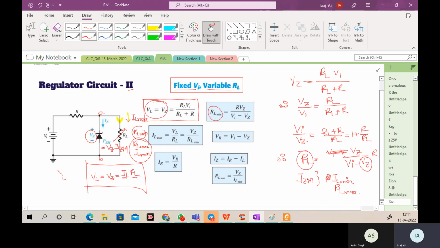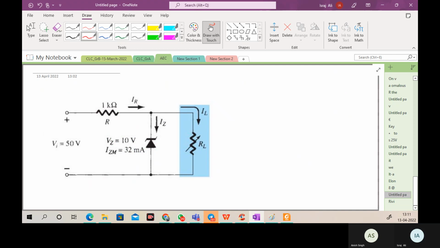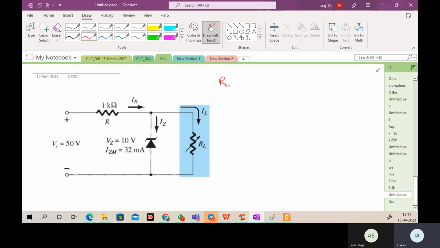Is that point clear? Solve this question very quickly. Find out the minimum RL. RL minimum. For the diode on, then find out IZ for this condition. Then find out IZ maximum.